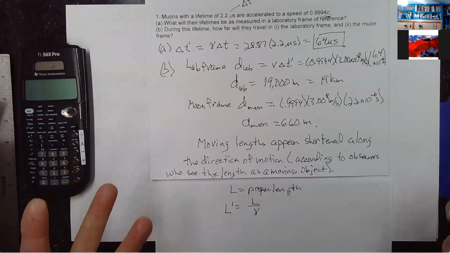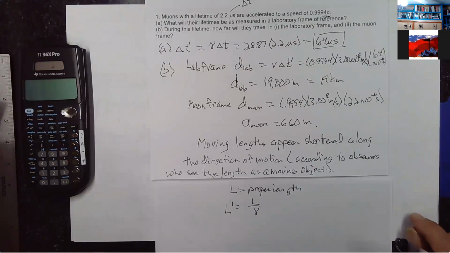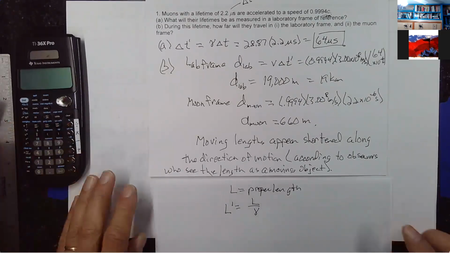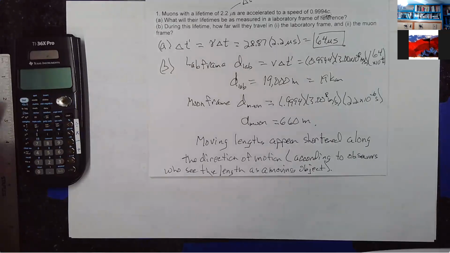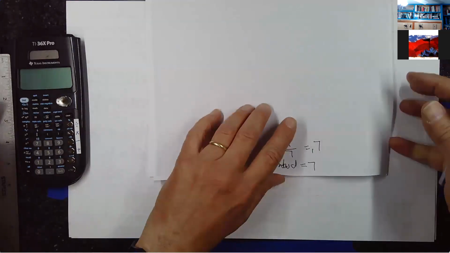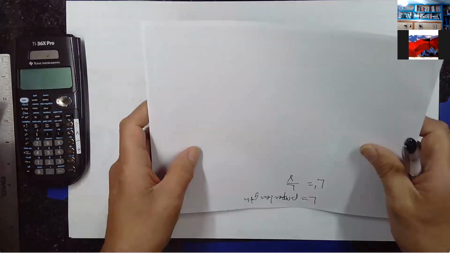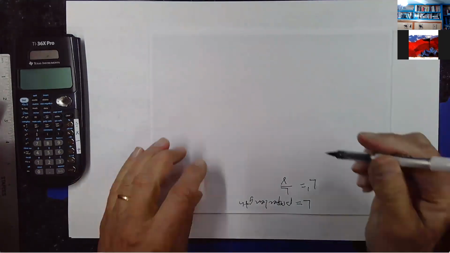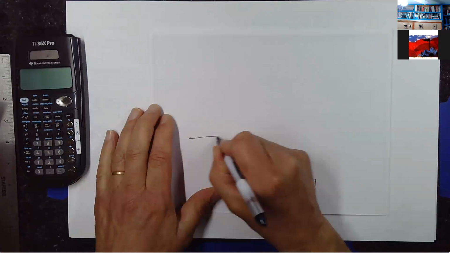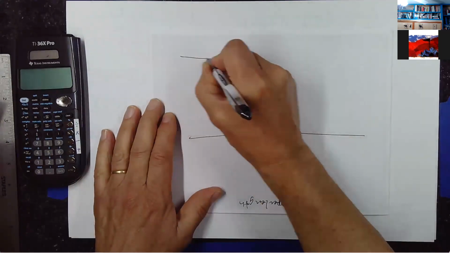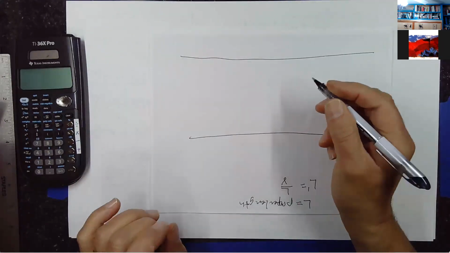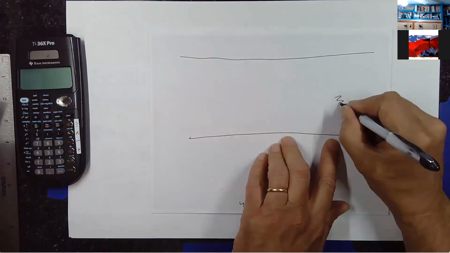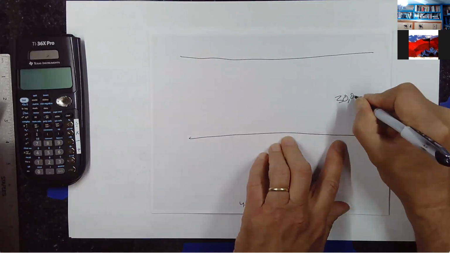Most muons get absorbed by the atmosphere, or many of them do, although I want to show you something that happens. Let's just suppose that there was no time dilation and we still had muons being generated 30,000 meters up in the atmosphere.